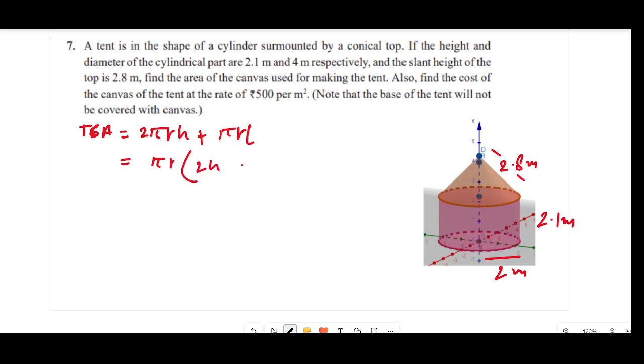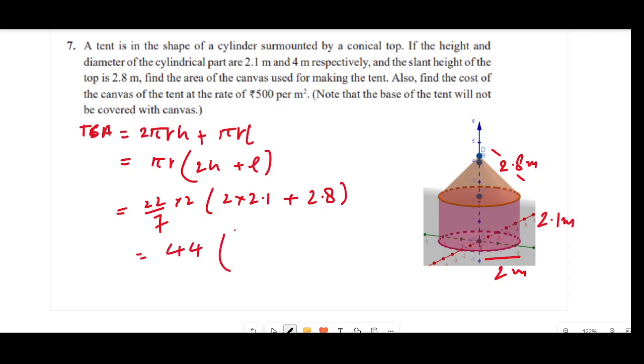Now here 2h plus L. Now pi is 22 by 7, r is given as 2, and 2 into h is 2.1. Now L is 2.8. This is 44. Now here 21 2s are 42, so 4.2 plus 2.8.